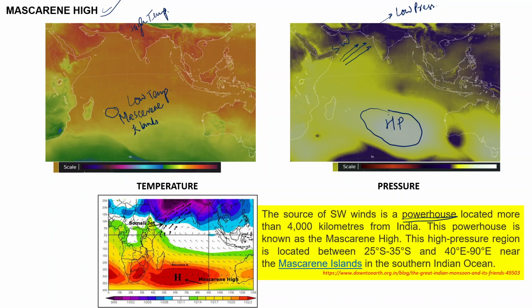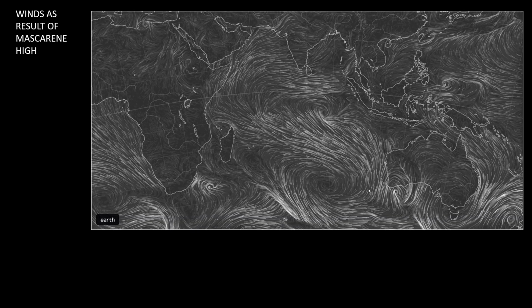But due to the extremely high pressure over here, the winds which come out from this high pressure zone cross the equator and then they merge with these winds and they enhance the southwest monsoon. So this high pressure region, which is located near the Mascarene Islands, which is termed as Mascarene High, let me show you how these winds look like.